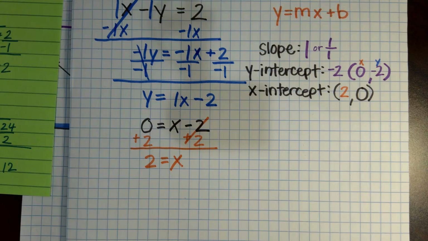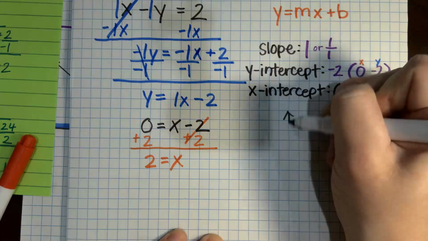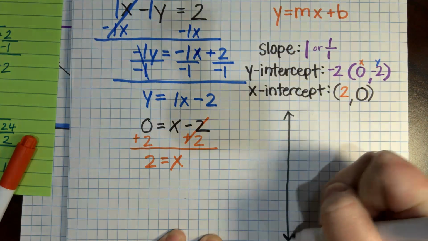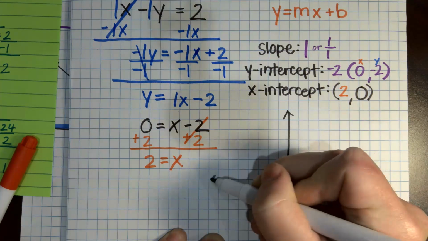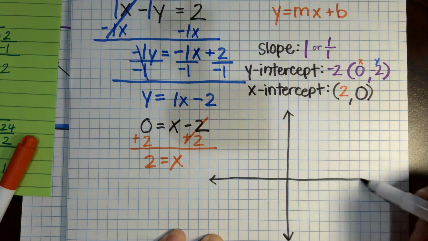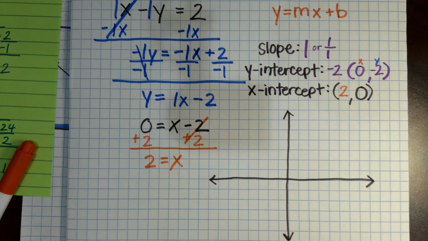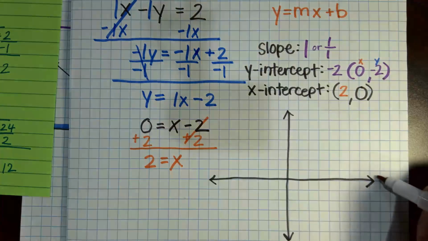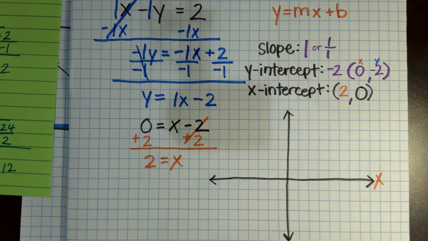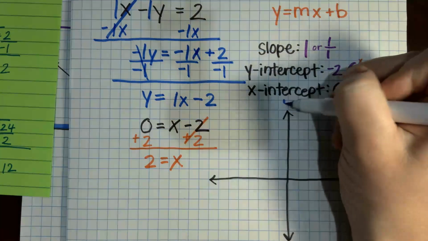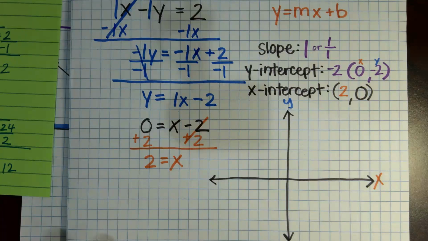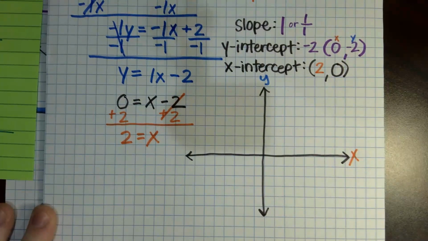We already have 2 points, so it shouldn't take too long to graph. Let's do our x and y axis. Okay, what could we do first?